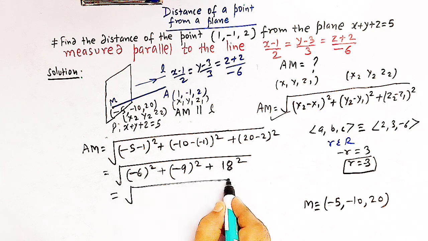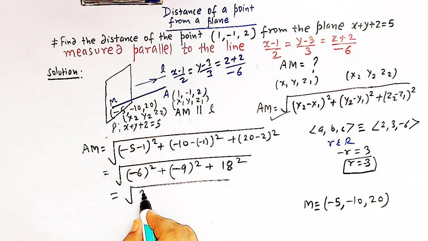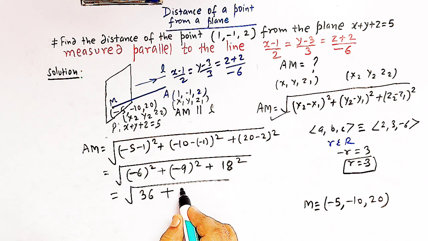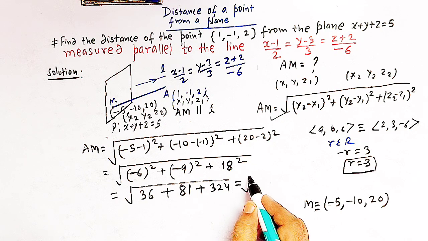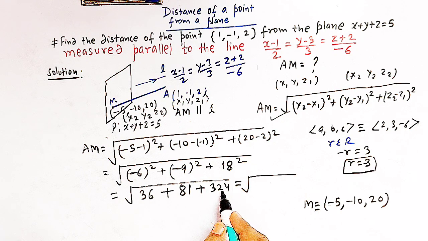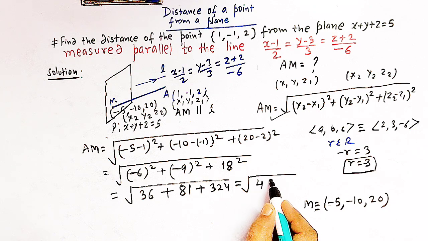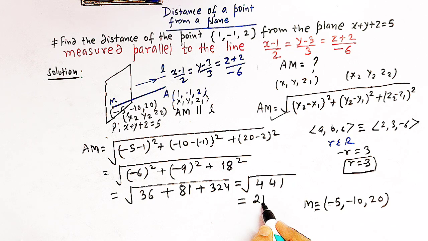So minus 6 square is 36, minus 9 square is 81, and 18 square is 324. Now when we add up these three numbers, we get 441. And the square root of 441 is equal to 21.